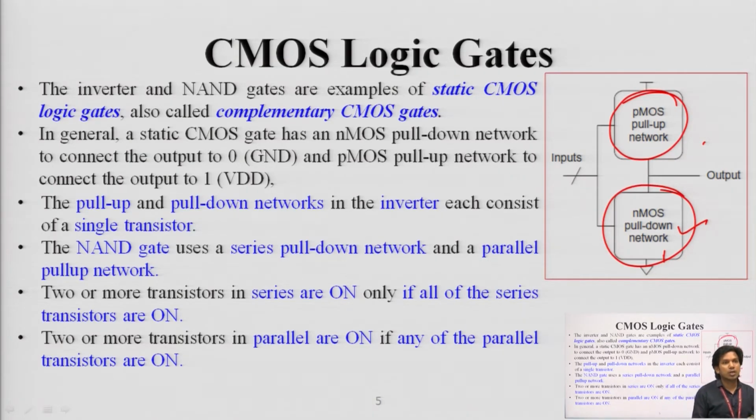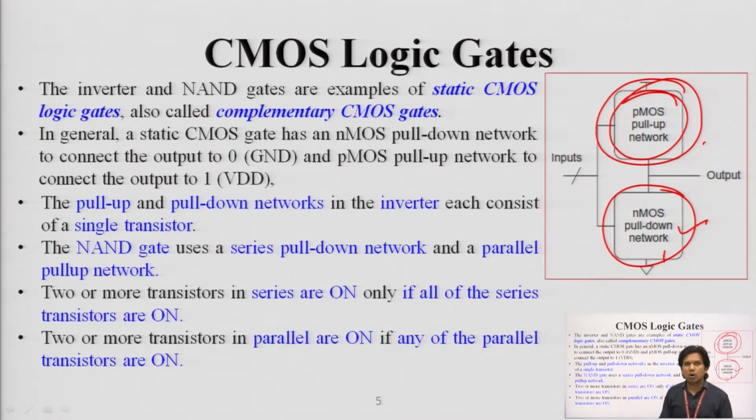So, 2 or more transistors in series are on only if all of the series transistors are on, clear, and 2 or more transistors in parallel are on if any of the parallel transistors are on, clear. In the previous slide, in the pull up network we have PMOS, and if any of the PMOS is on, you will have proper current.